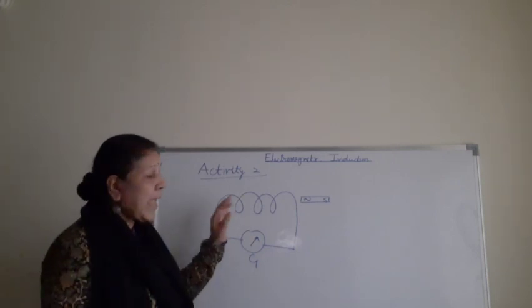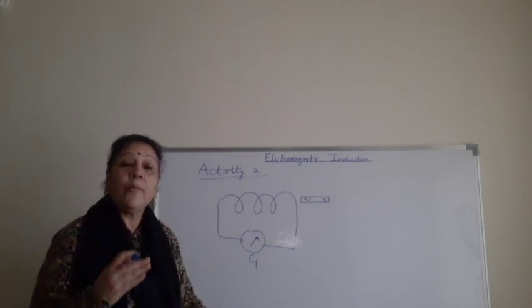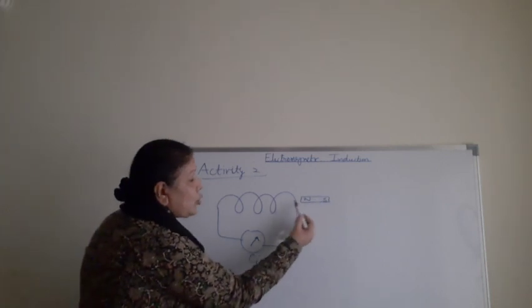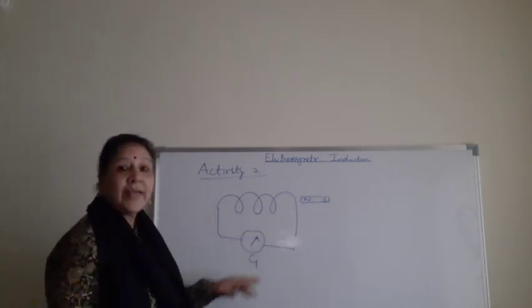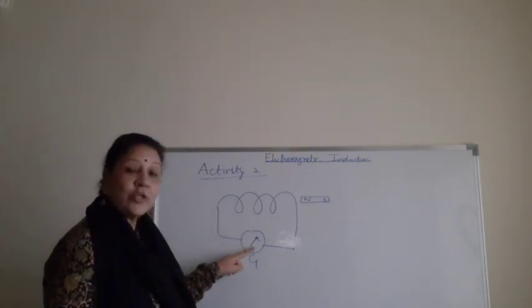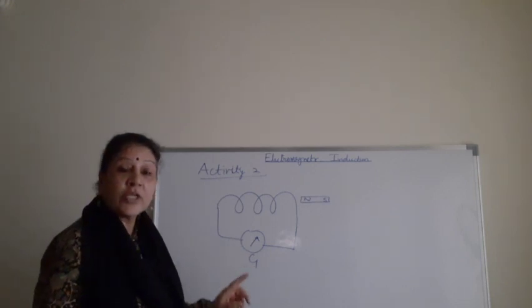The deflection is only for the moment, so it will show you a momentary deflection. So what did I say? When I push the north side of the magnet inside the coil, this will show the deflection to one side momentarily, showing the production of electric current.